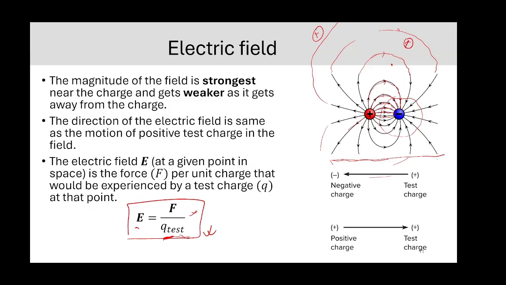And we should also note that we already said this electric field is stronger when it's close to the charge and gets weaker as it gets away from this charge, meaning the electric field is a function of the distance from the source. And we generally write it in this way, saying this electric field depends on the distance.